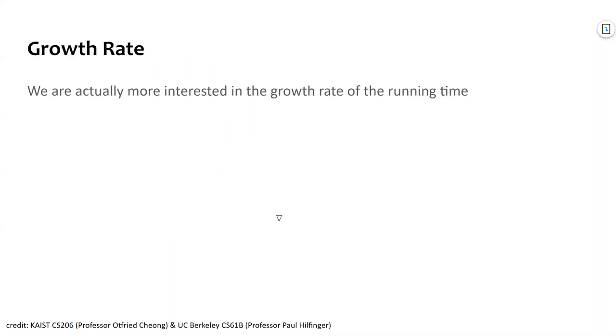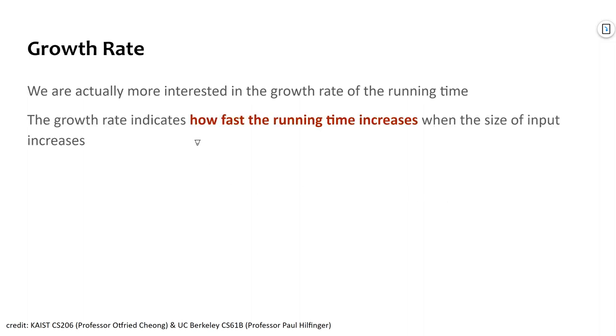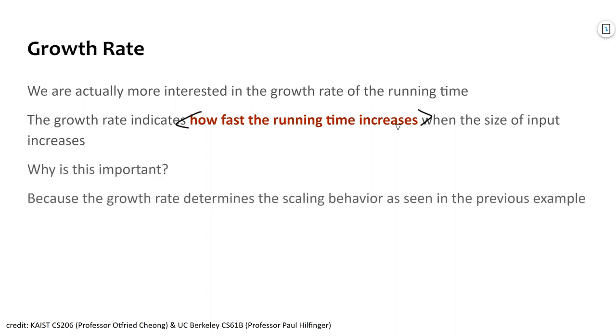We are actually more interested in the growth rate of the running time rather than the exact number of additions or exact number of primitive operations. The growth rate indicates how fast the running time increases when the size of input increases. So why is this important? Because the growth rate determines the scaling behavior, as we saw in the previous example.